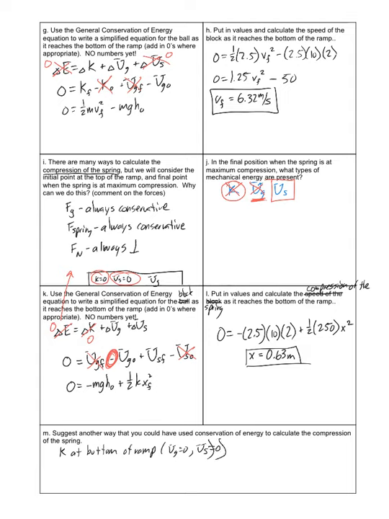So we knew that. And then you could use, just like we just did, the elastic potential at the end, because we know that gravitational potential is 0 and kinetic is also 0 at the very end.